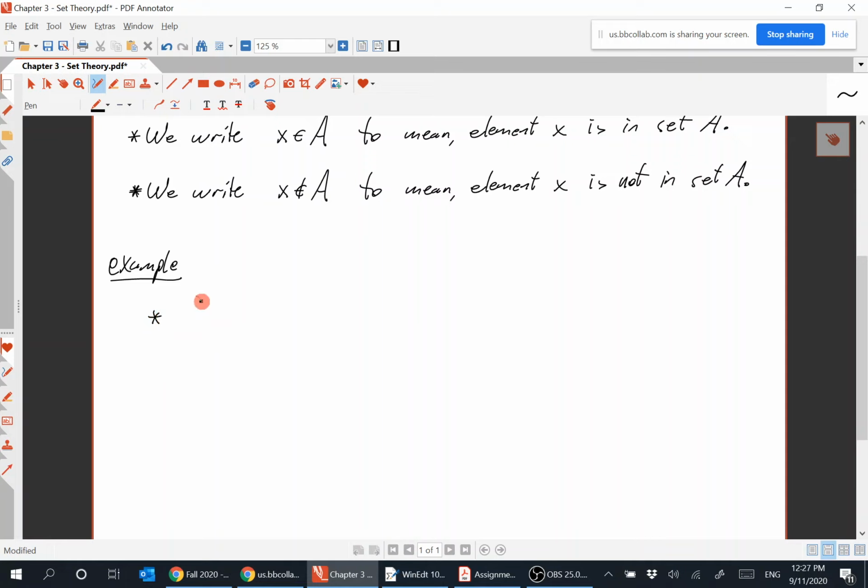So for example, if I write something like this, okay, normally when a set is written, it is delimited by these curly braces. And elements, if you're going to list them out, are separated by commas.